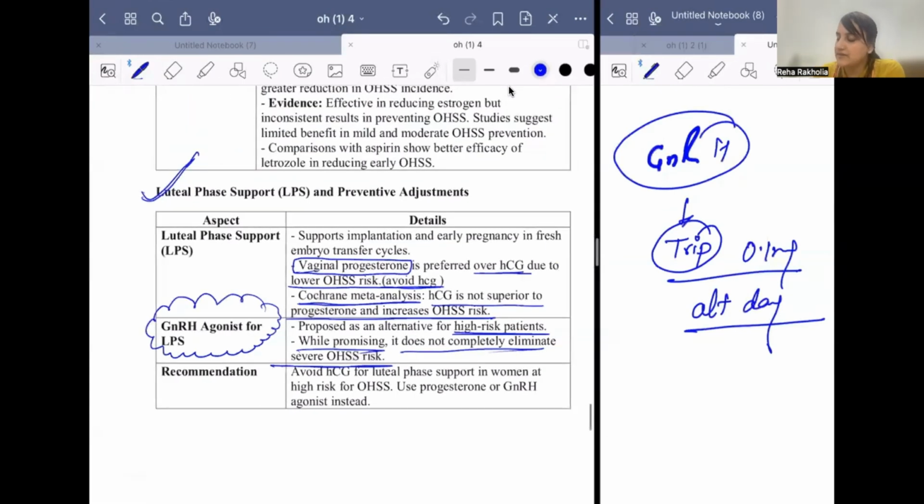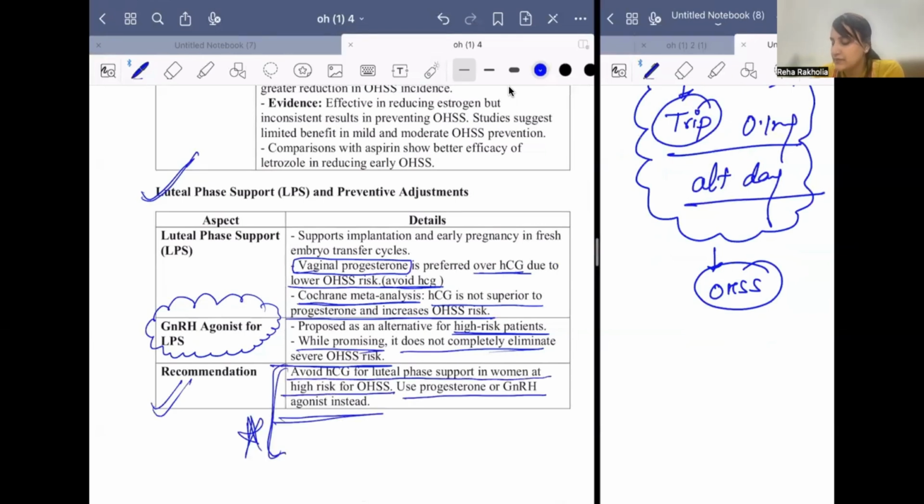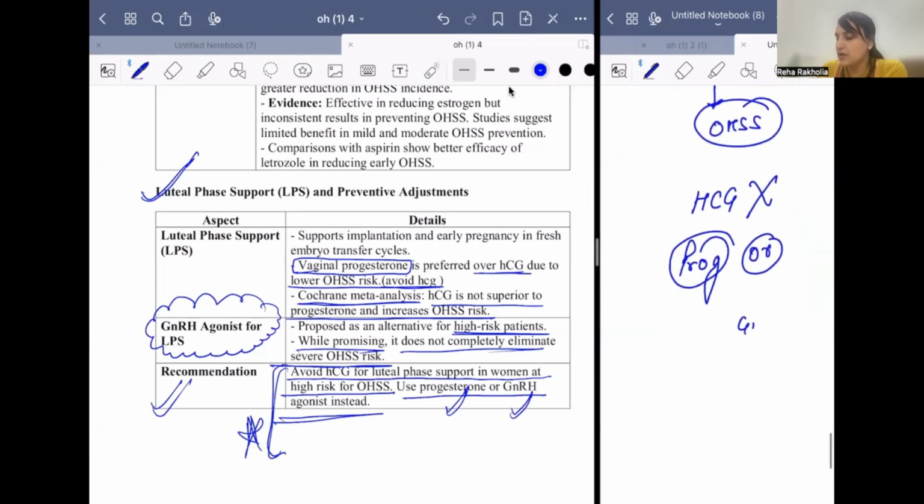Even after giving a GnRH agonist during luteal phase support, there is risk for OHSS. So what is the recommendation? Avoid HCG for luteal phase support in women at high risk for OHSS. Use progesterone or GnRH agonist instead. We don't have to use HCG. We'll have to use either progesterone or GnRH agonist for luteal phase support.